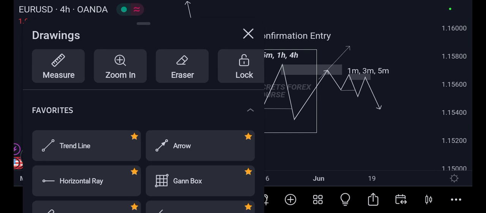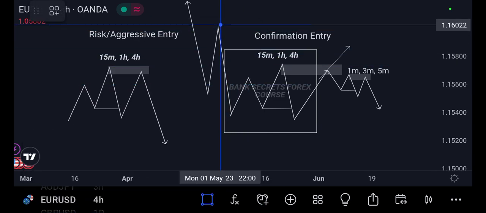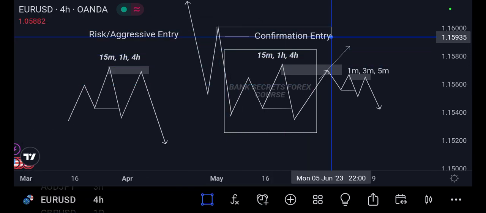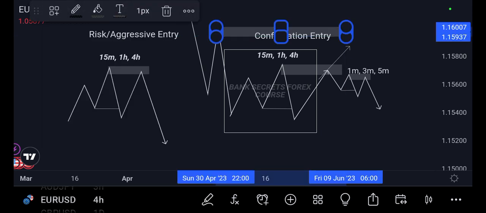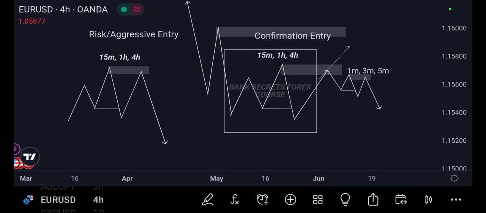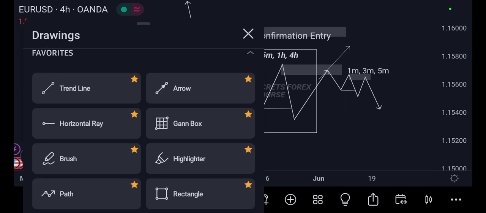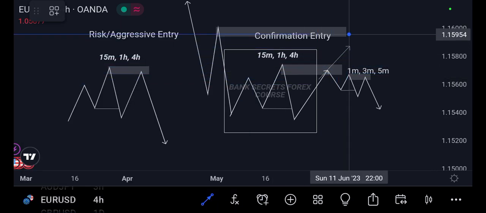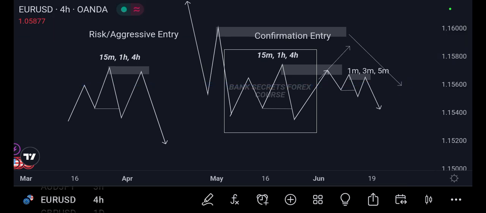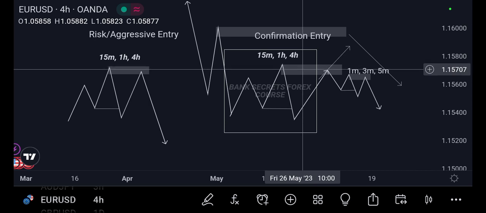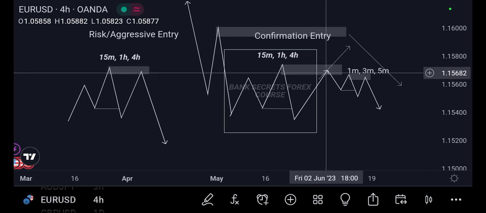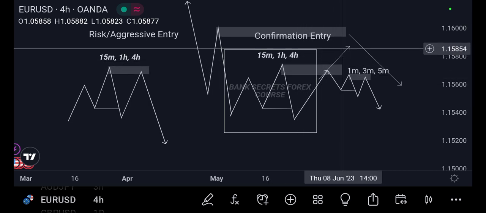So price could just come and mitigate that other zone and it could sell from here. So in the case where risk entry sellers would have sold there, some who wait for confirmation entry will see that there's no clear movement here and you have to wait for this zone.